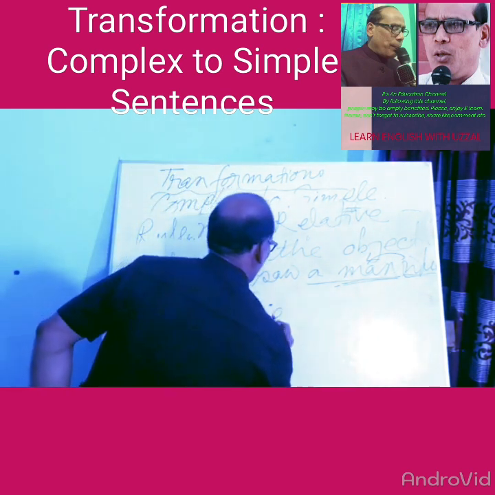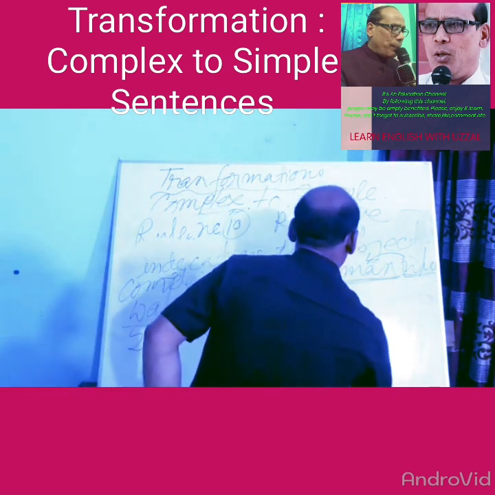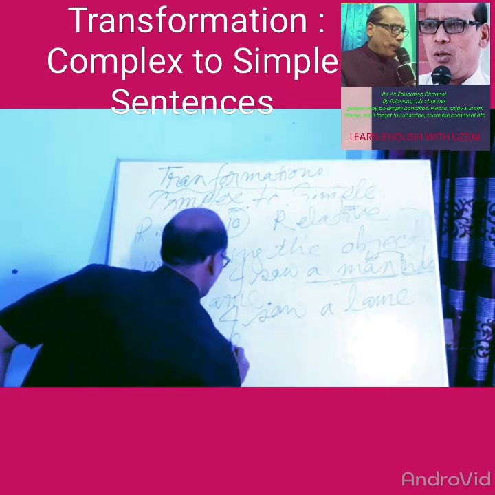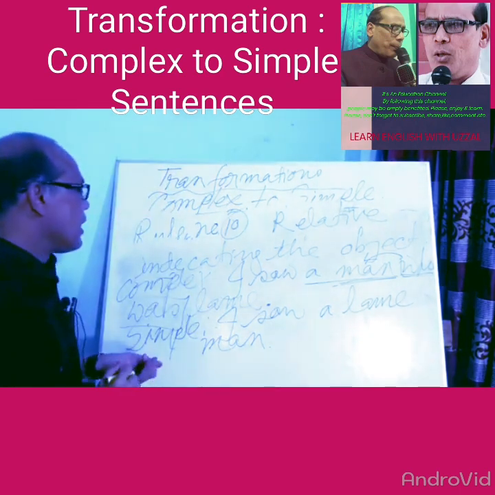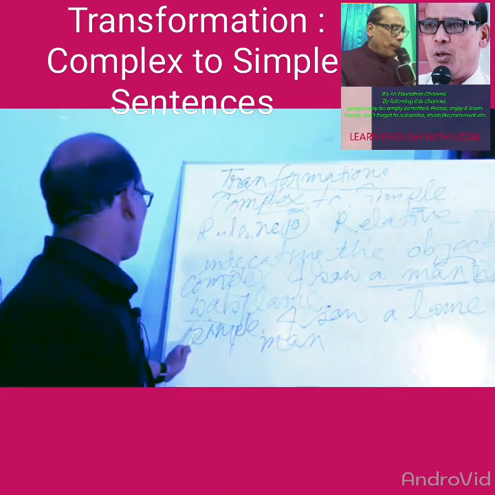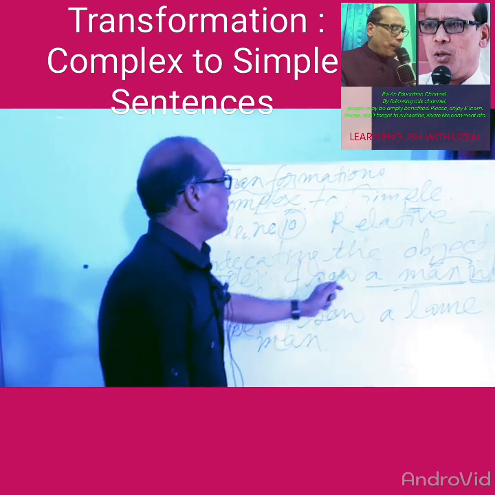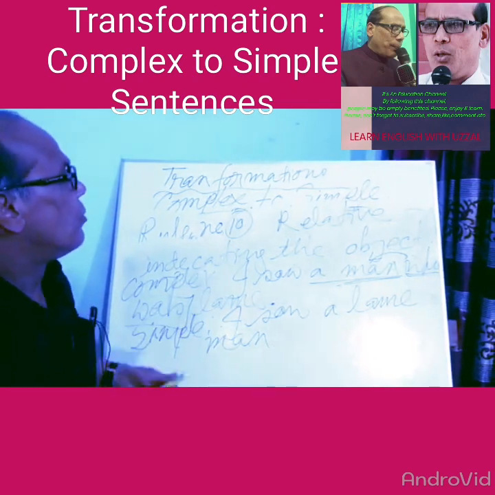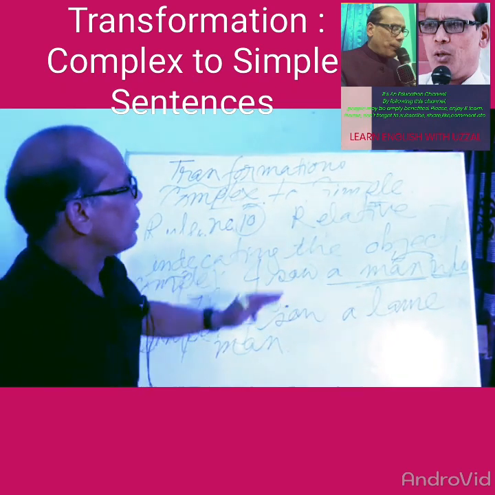So the simple sentence will be: I saw a lame man. Because an adjective is used before the noun and after the article.